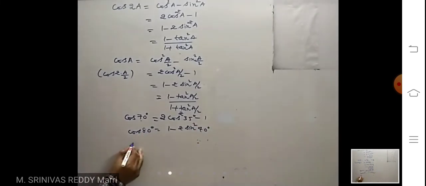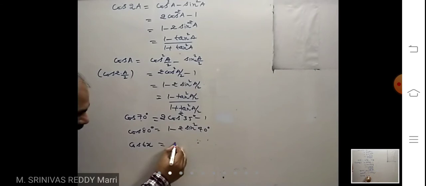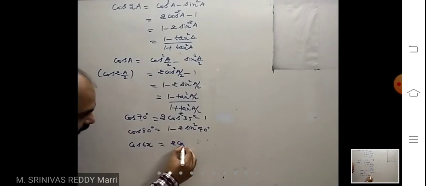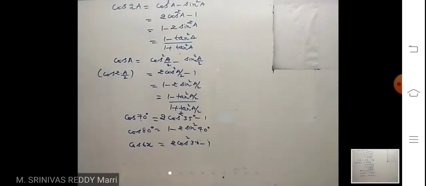Suppose cos 6x is there. I want to write it in terms of 3x and only in cos. What do you have to write? 2 cos square 3x minus 1.